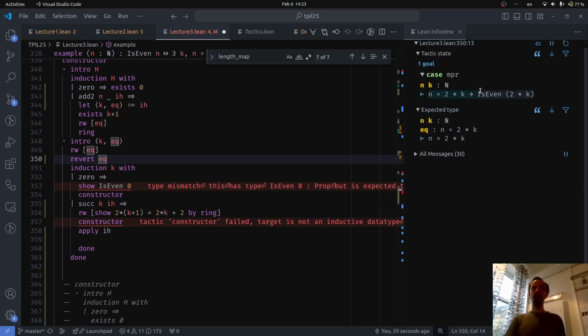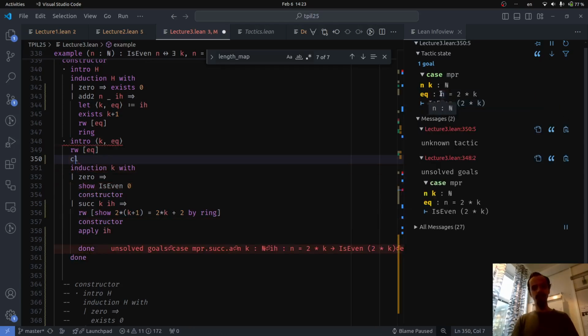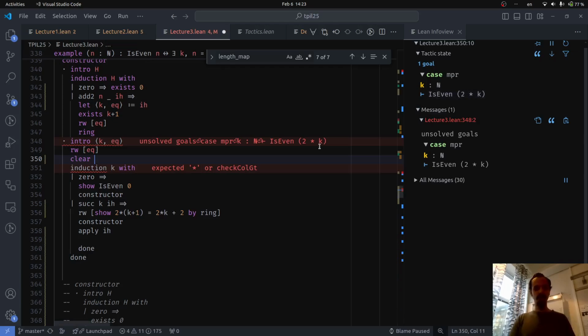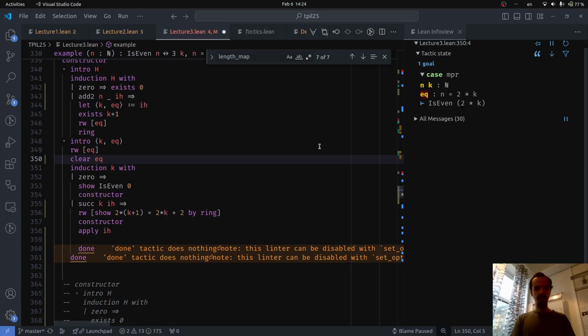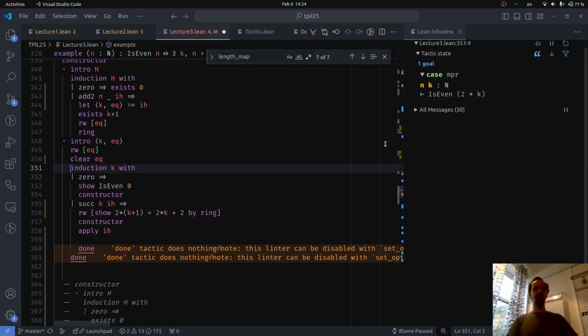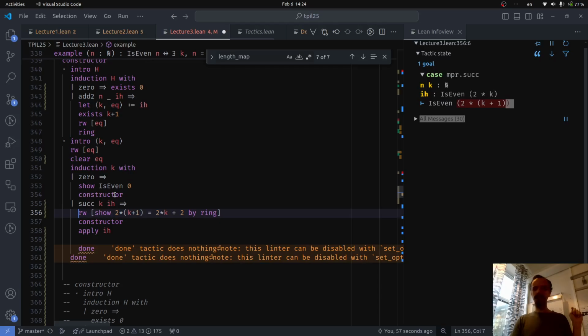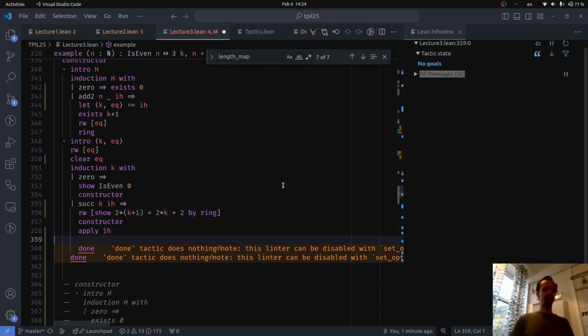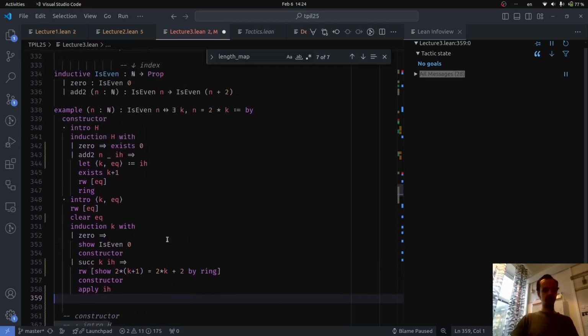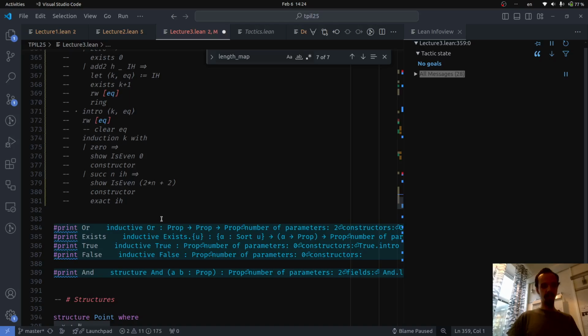And that's bad in this case. We actually want to forget about this assumption entirely. So for that, we have the clear tactic. The clear tactic just deletes a hypothesis from your context. After having done so, our context is clean and only says is even of 2 times k, and this works properly. So now our inductive hypothesis just says that is even of 2 times k, and we don't get stuck. So after this apply, we're actually done. And done is the same as done. Okay, so that's the proof.